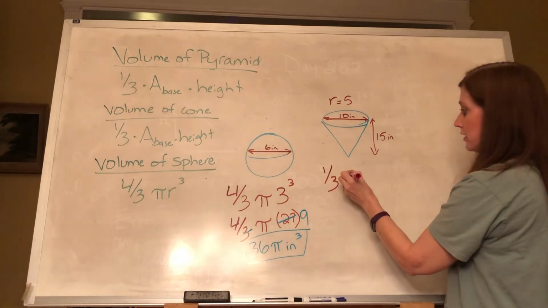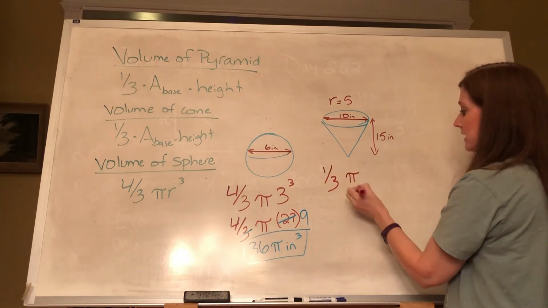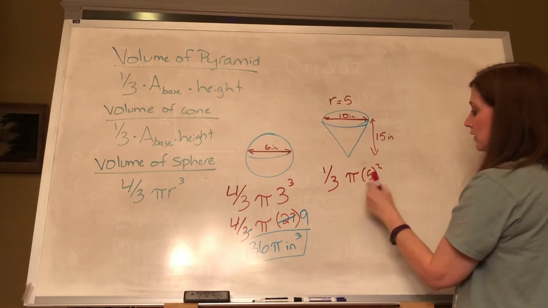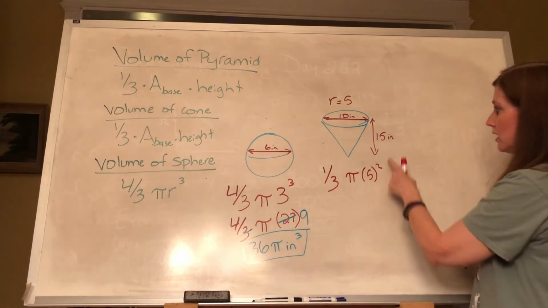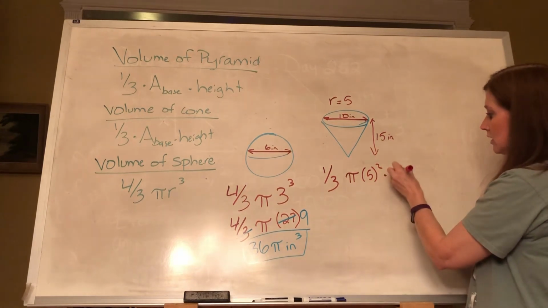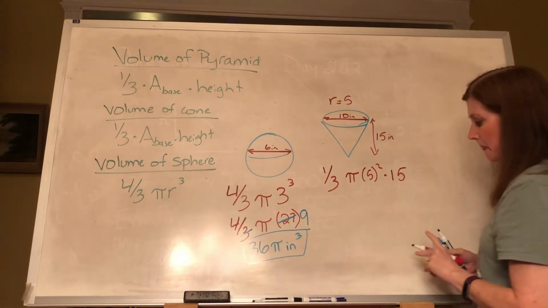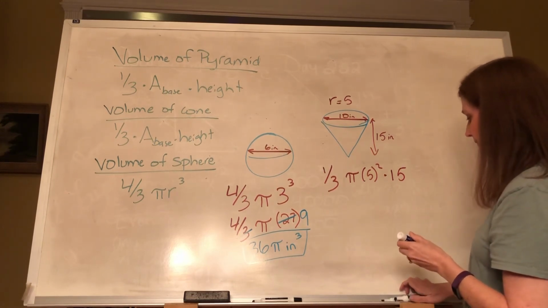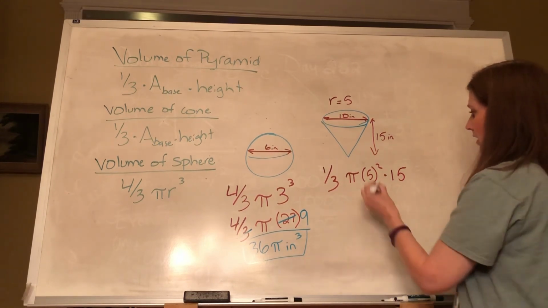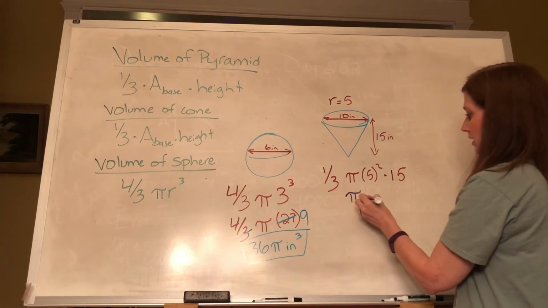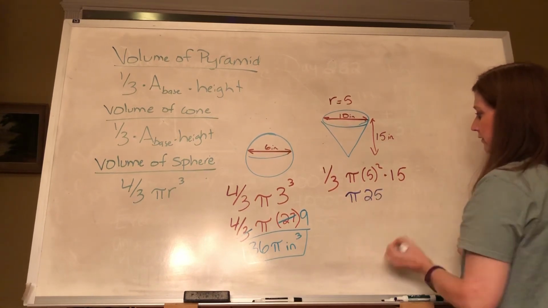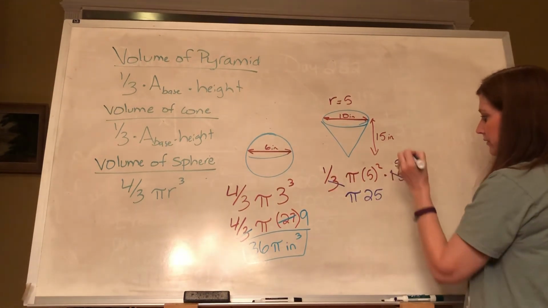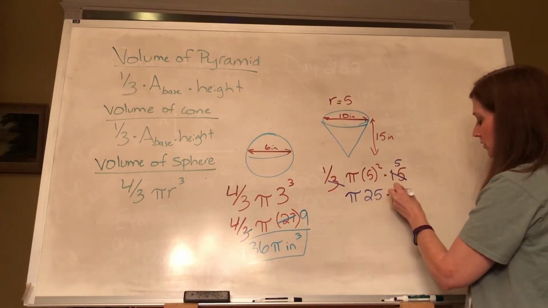Remember, the area of the circle is pi r squared. So pi 5 squared, and then times our height, 15. Start doing the math on that. Got pi times 25, 3 goes into 15, 5 times.